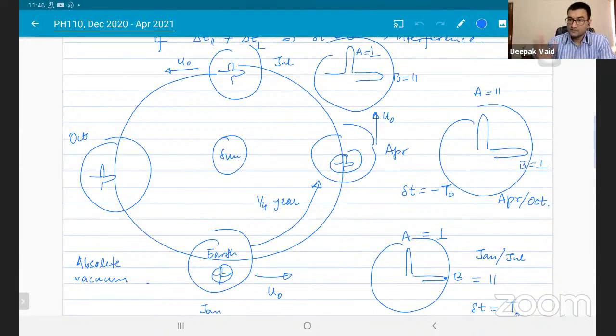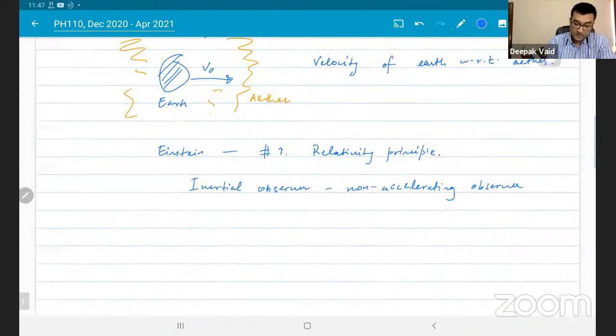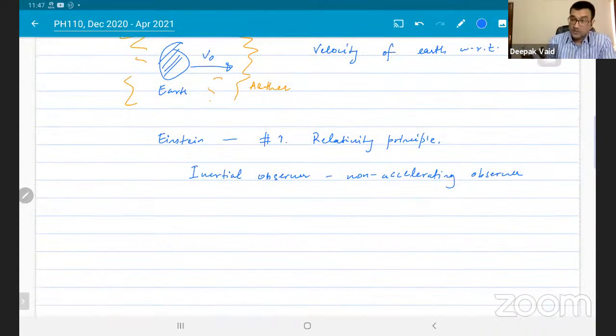For the purposes of the experiment, because the experiment is being conducted on a certain time scale, how much time it takes for the light to go up and down, for instance, that happens very quickly, right? Nanoseconds or picoseconds or femtoseconds. In that amount of time, the Earth accelerates very, very little, right? Its velocity changes by a negligible amount. So the Earth is also an inertial observer for the purposes of this Michelson-Morley experiment.